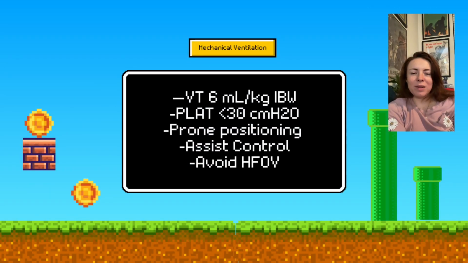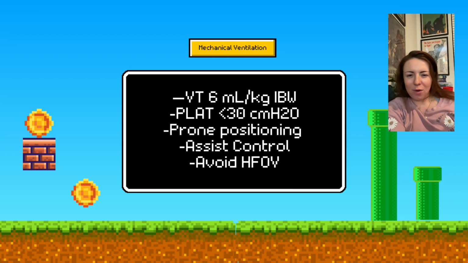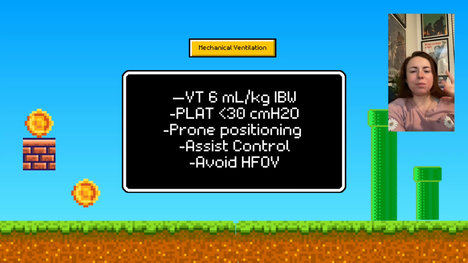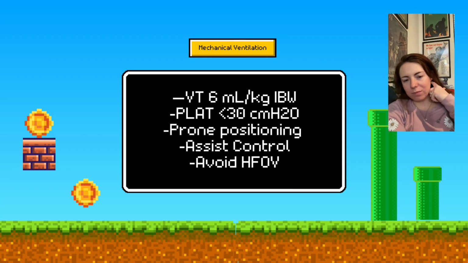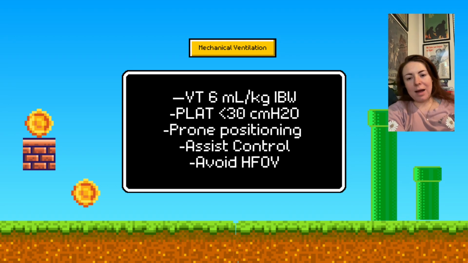So with mechanical ventilation, primarily what I could find was lung protective protocol, or ARDSNet protocol, more or less. So I put on there the tidal volume, 6 milliliters per kilogram. Prone positioning can be really important, especially for patients that have sepsis-induced ARDS.